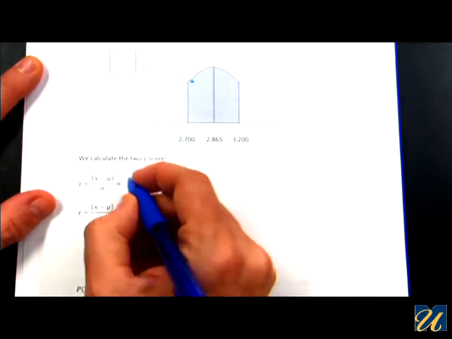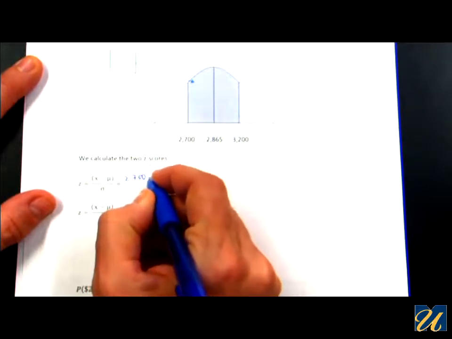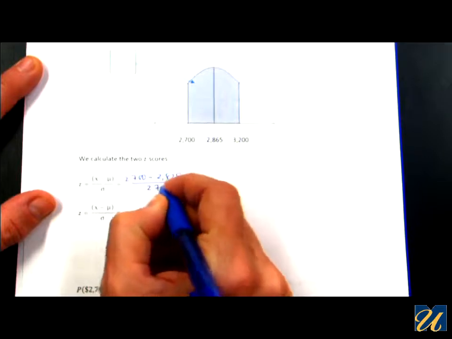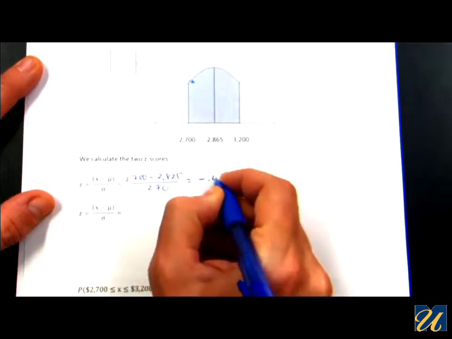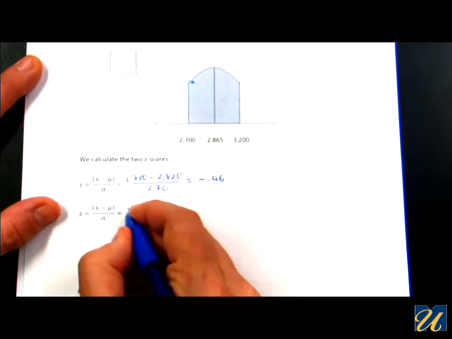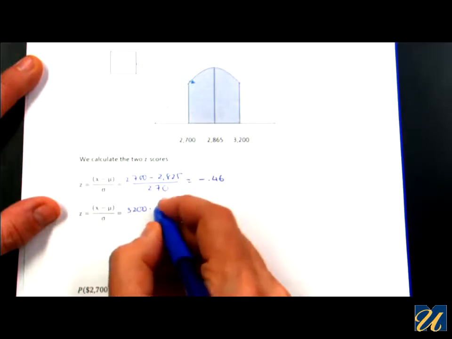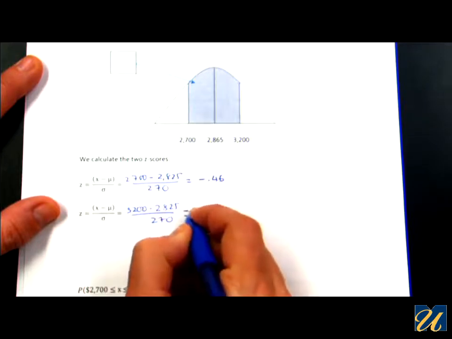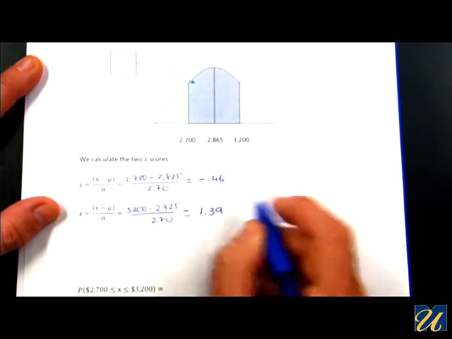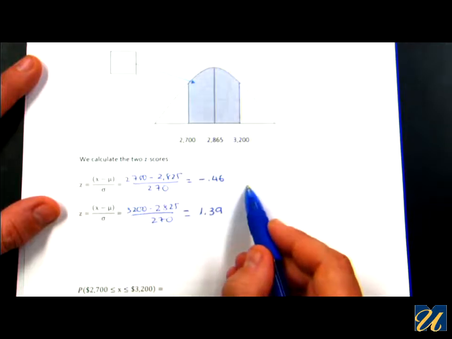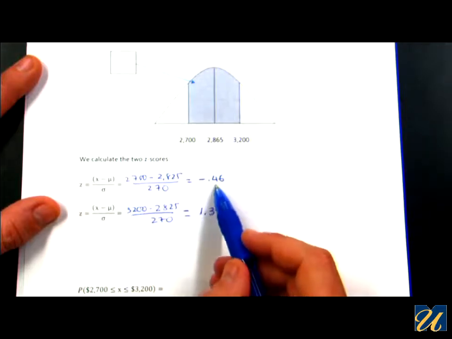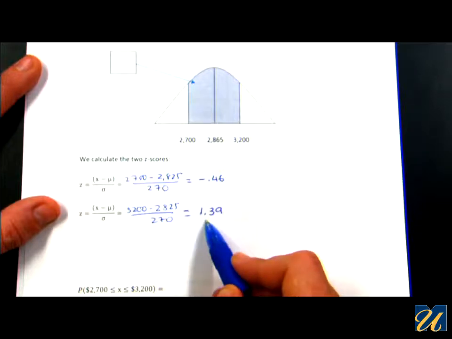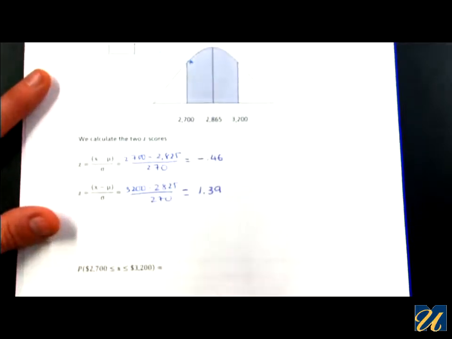So the z-score for 2,700 will be negative 0.46, and then we calculate the z-score for 3,200, and this is going to be 1.39. When you go to your z-table, you find the corresponding probability for 0.46, you find the corresponding probability for 1.39, and then you add them.